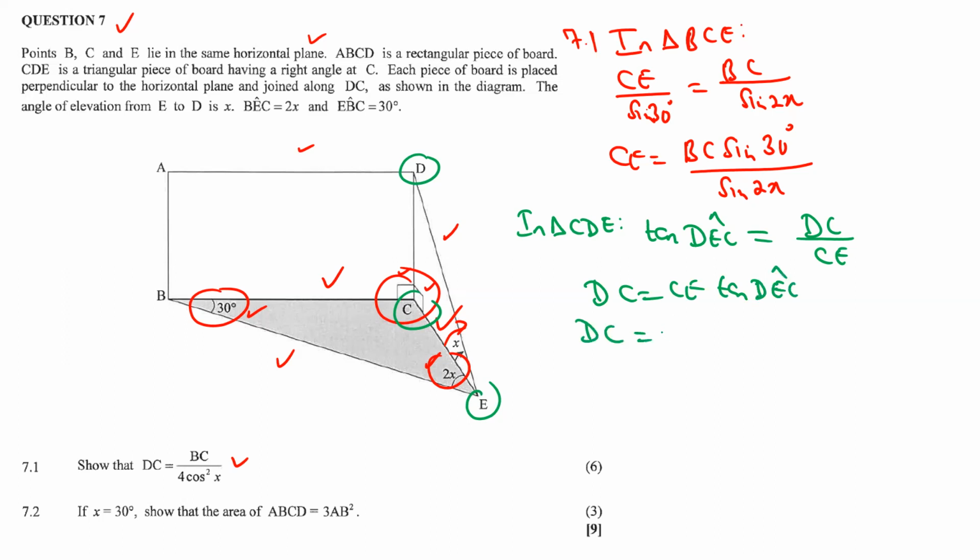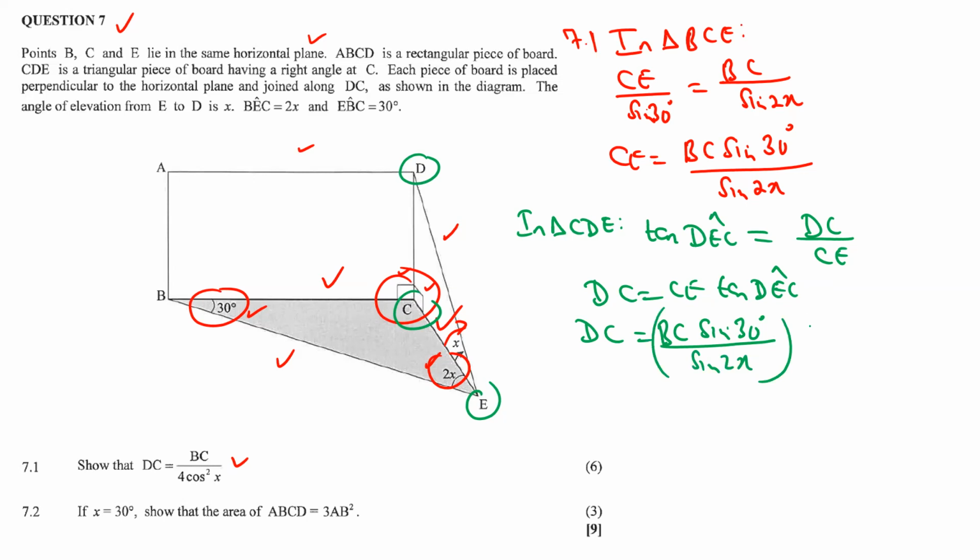What is CE? Which is BC sine 30 divided by the sine of 2x.